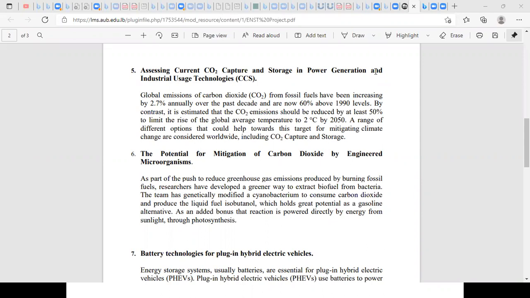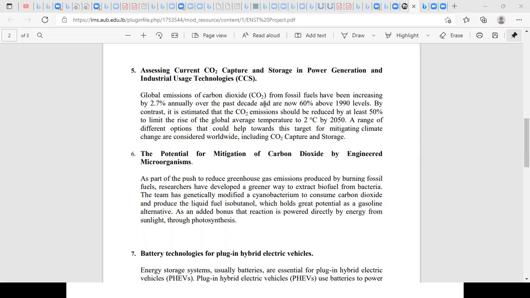So this technology is called capture and storage, capture of CO2 and storage in order to use it afterwards for power generation purposes. As a brief description, we know that emissions of CO2 have been increasing a lot with time, and we have reached a very huge increase of these emissions.